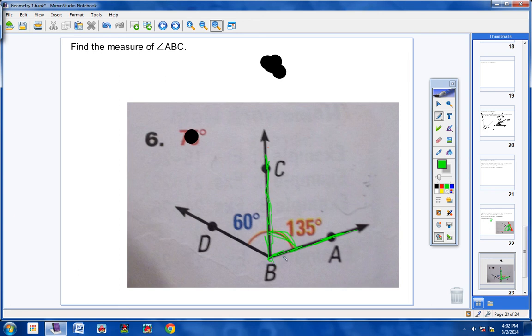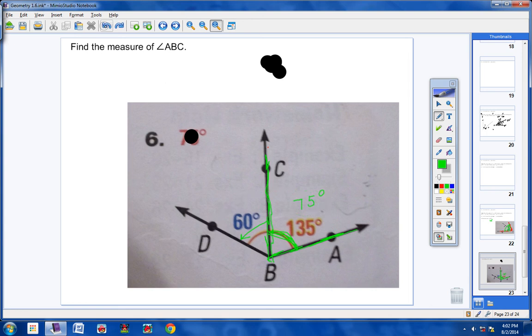Now guys, think about that. You have to think of a number that you're going to put right here. That 60 plus that number would give you 135. And would it not be 75 degrees? Think about it. If this little angle from here to here is 60, and this little angle from here to here is 75, then the entire angle from here all the way to here has to be 135.